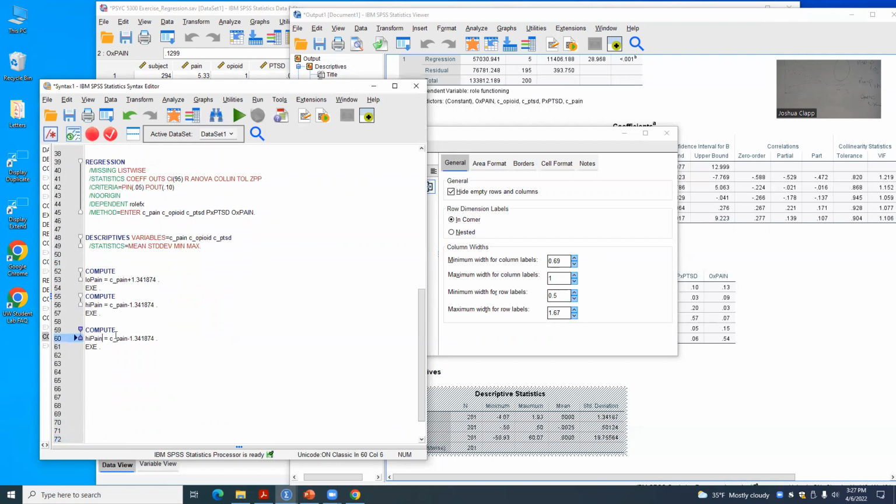So I'm going to compute high pain times PTSD, which is going to be high pain times centered PTSD.